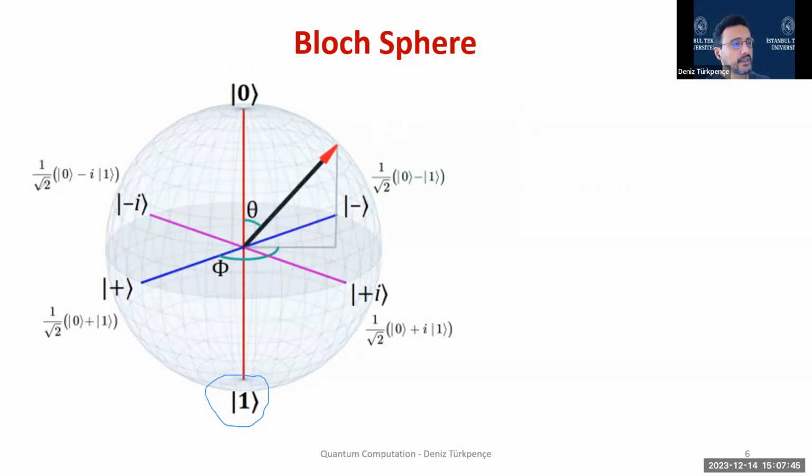These parameters are expressed by some angles. This theta angle is the angle between the vector and this axis. And this phi angle, which is a polar angle, is the angle between the projection line of the vector and the plus axis, okay?